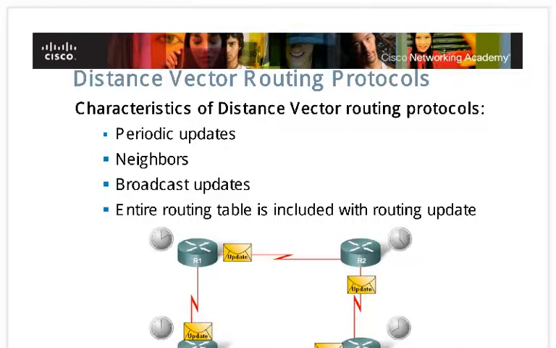So the limit for the route update is the neighbors only. Unlike link state, where the link state will propagate through the entire network, here the periodic updates are exchanged with the neighboring routers only.